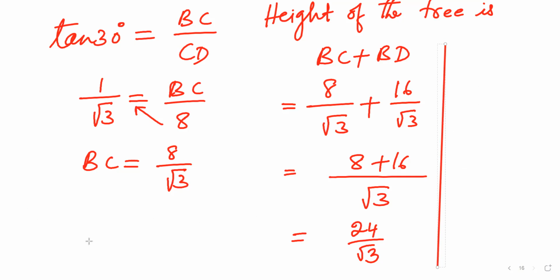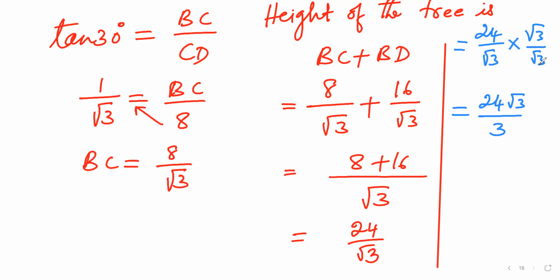Now what I can do is 24 by root 3 into root 3 by root 3, rationalization. So that is 24 root 3 divided by 3. Root 3 into root 3 is root 3 whole square, that is 3. 3 eights are 24.